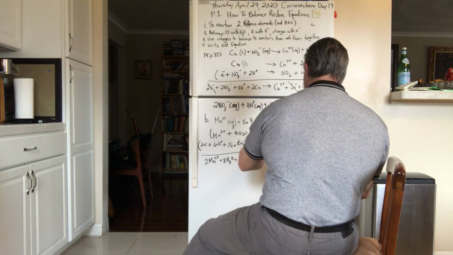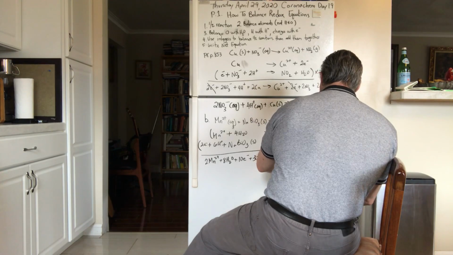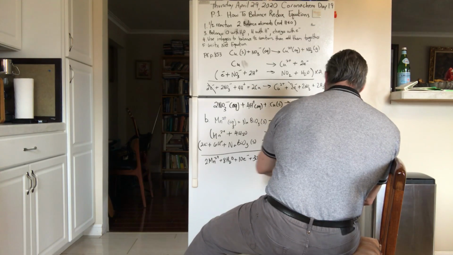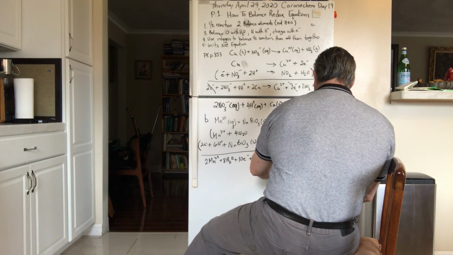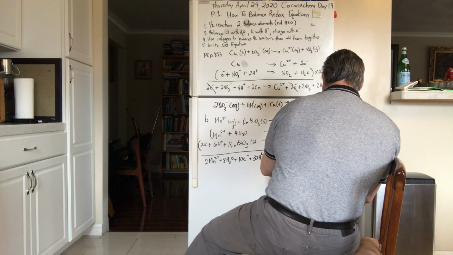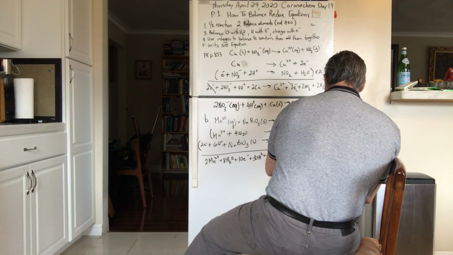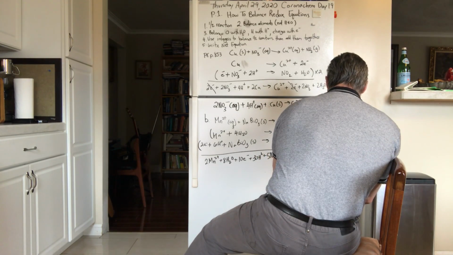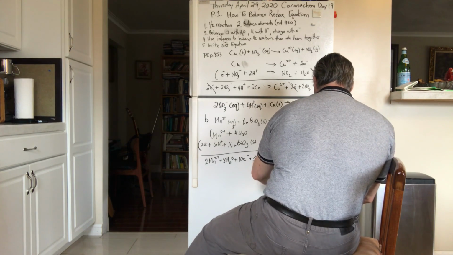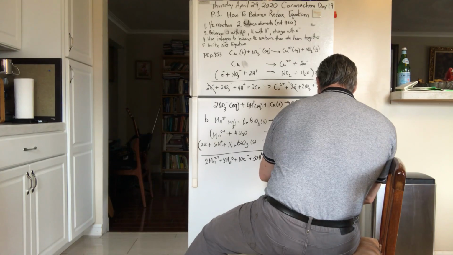Then you're going to have 2 times the permanganate plus 16 hydrogens plus 10 electrons plus 5 Bi3+ plus 5 sodiums plus 6 H2O. No, sorry, 15 H2O, because 5 times 3.